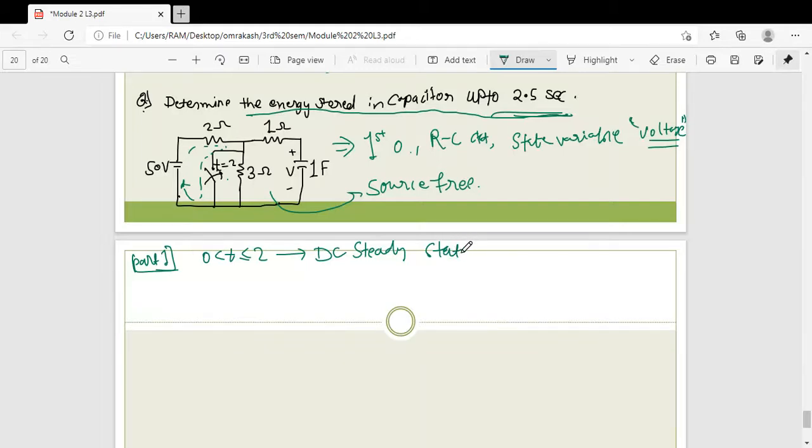DC steady state value. So at this instant, what does the circuit look like? The circuit will look like this, right? The switch will have no role in that circuit. So this is nothing but your circuit. So this is a DC term.